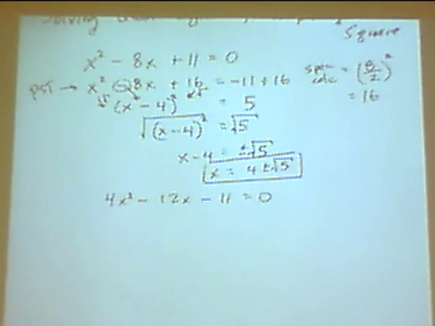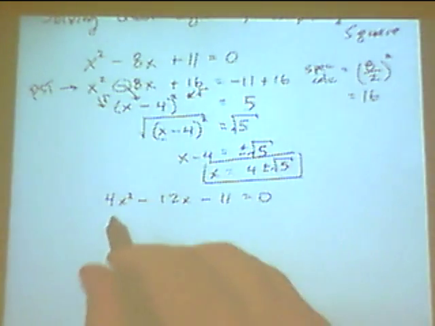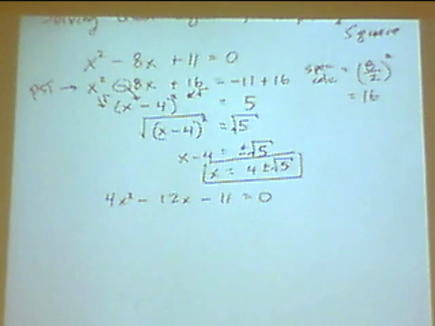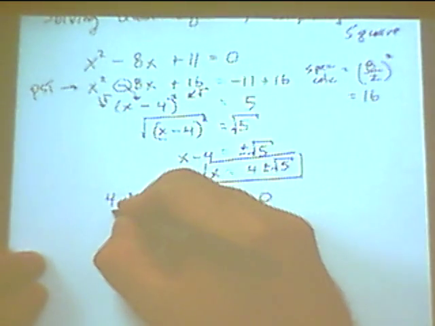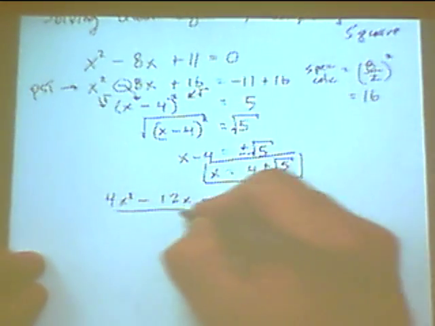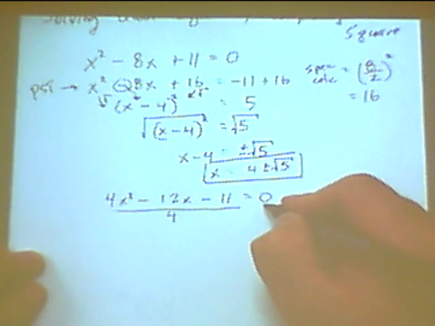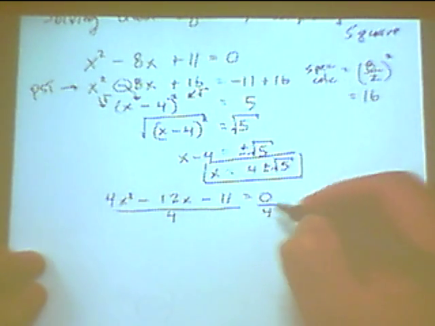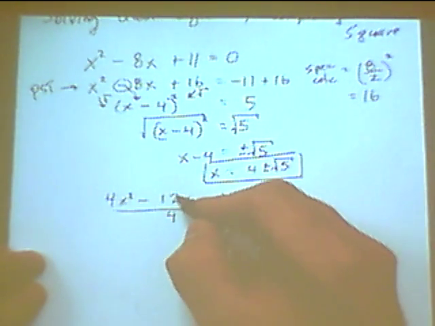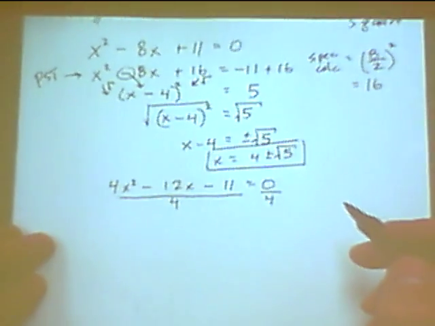The first thing you have to be aware of is that 4 cannot be there. In order to use completing the square, we cannot have a number in front of the squared term. So how do I get rid of that 4? What I can do is divide both sides by 4. And then I can divide the terms on the left one at a time.